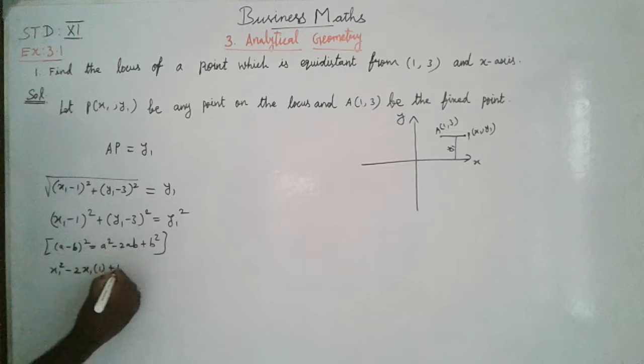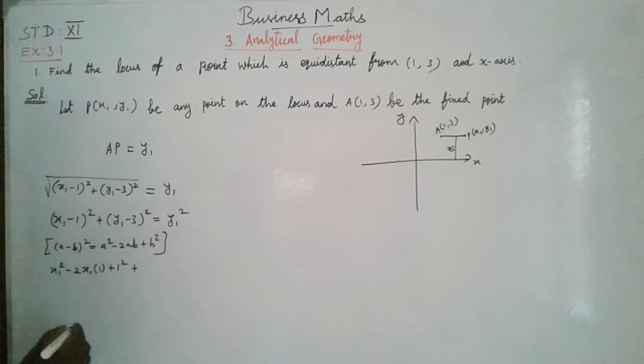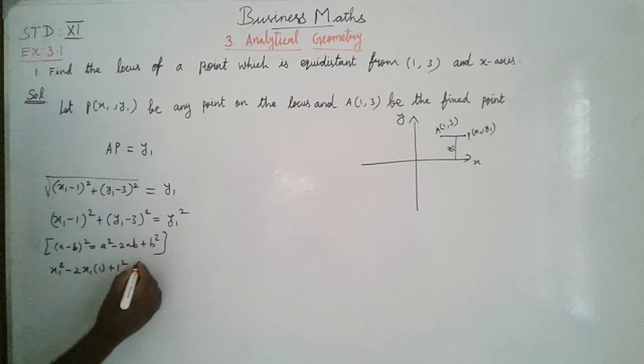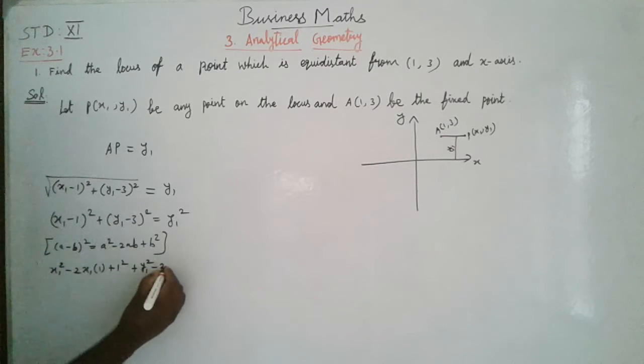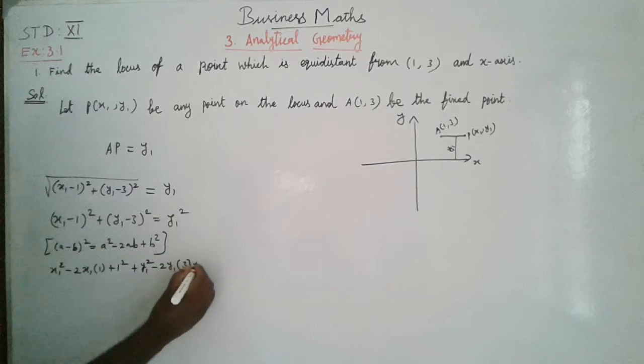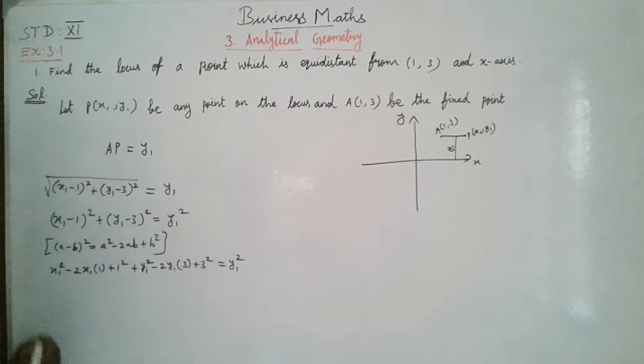b is what? 1. So 1 square plus, same formula we should use here also. a is y1, b is 3. y1 square, a square, y1 square minus 2ab, 2 into a is y1, b is 3, plus b square, b is 3, so 3 square, equal to y1 square.